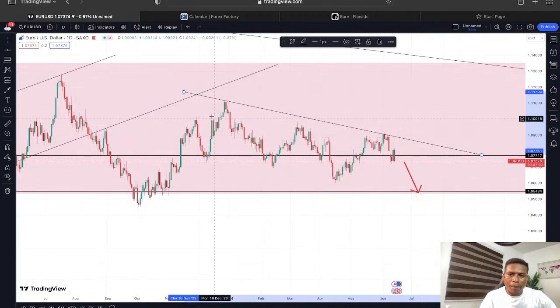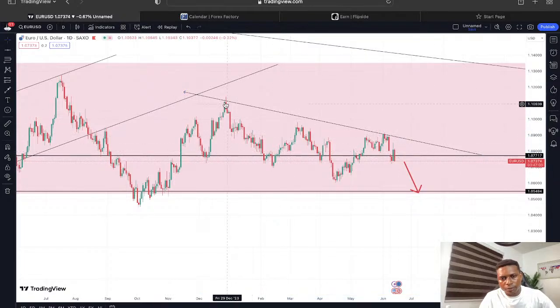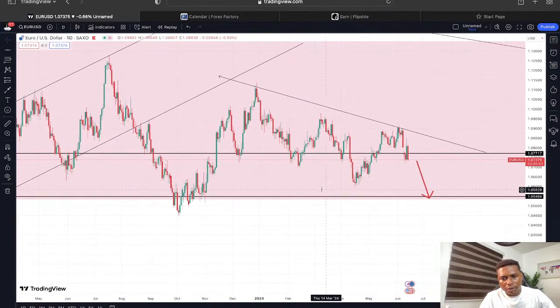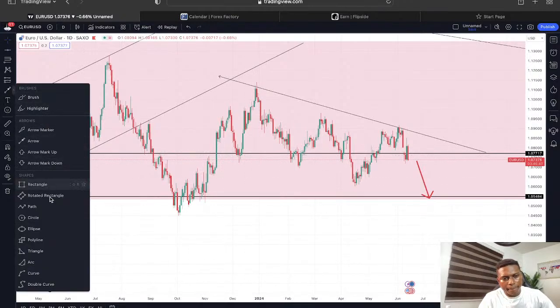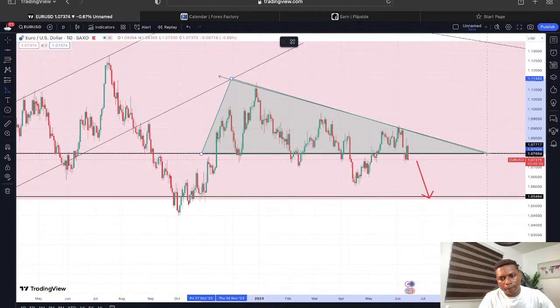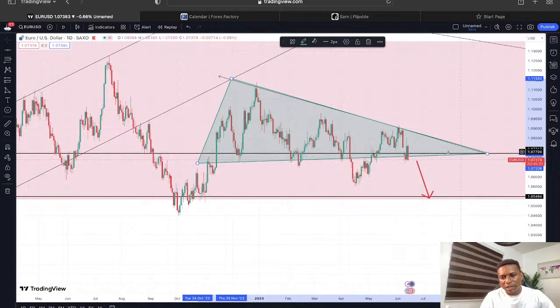So here now, as you can see, we can capture that this level is creating a descending triangle, of which we might see a breakout of this level.